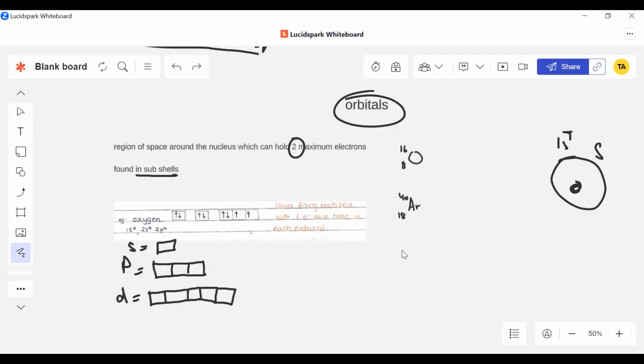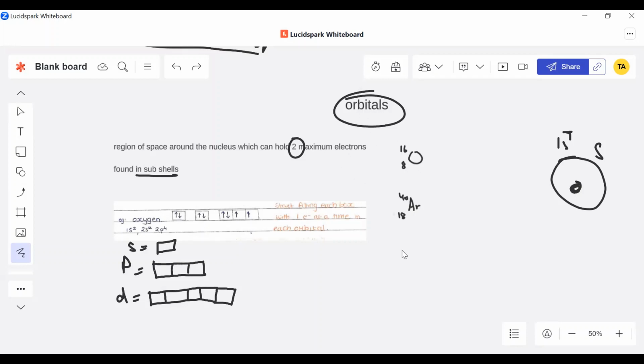These boxes refer to the orbitals. So the S subshell has 1 orbital, the P subshell has 3 orbitals, and the D subshell has 5 orbitals. And as I said earlier, each orbital can hold a maximum of 2 electrons. So this will get clearer when I do an example.